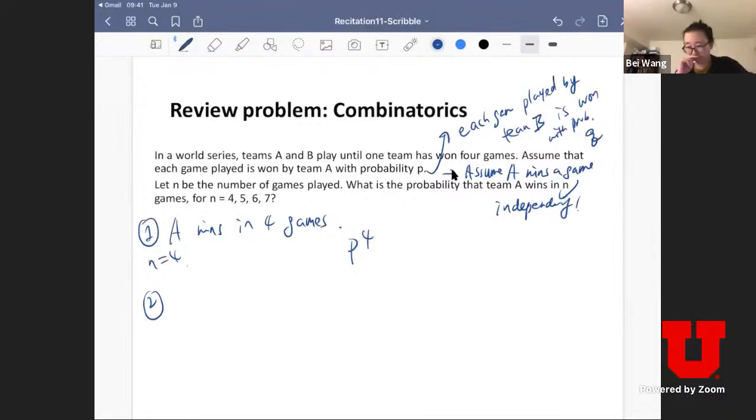Now, let's say n is bigger than 4. That means A has to win 4 games, but they are not necessarily consecutive.